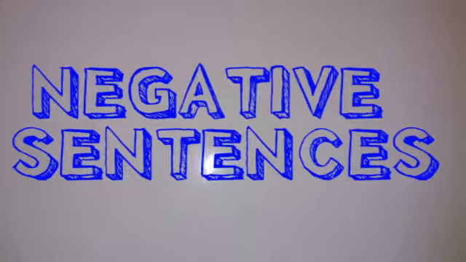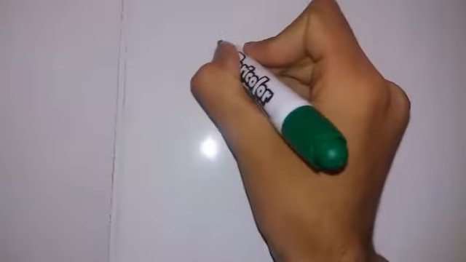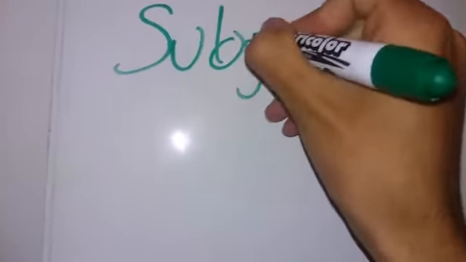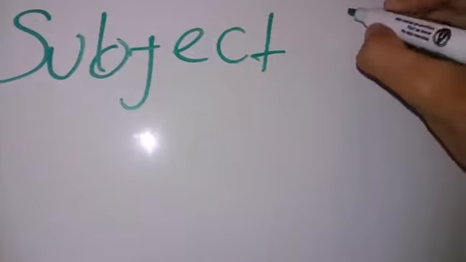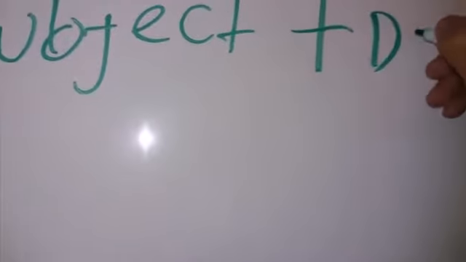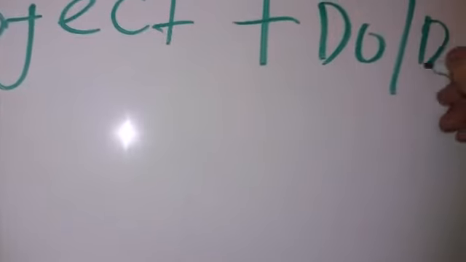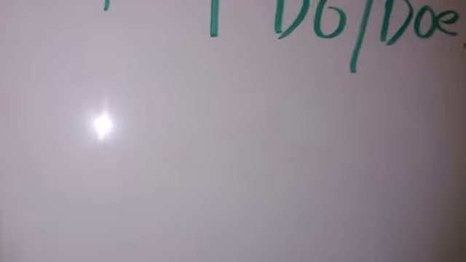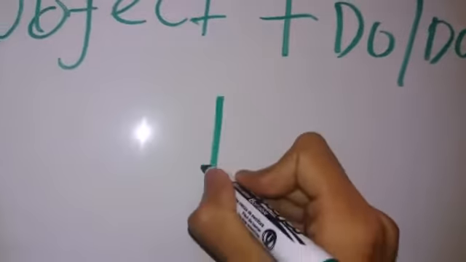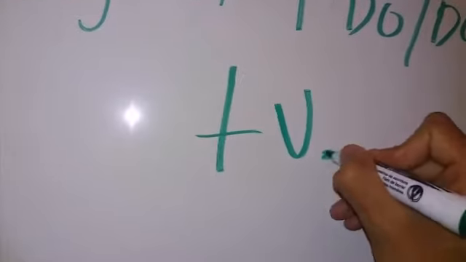So guys, let's continue with negative form or negative sentences in present simple. The rule for negative sentences is subject plus auxiliary do or auxiliary does plus not plus verb in present.